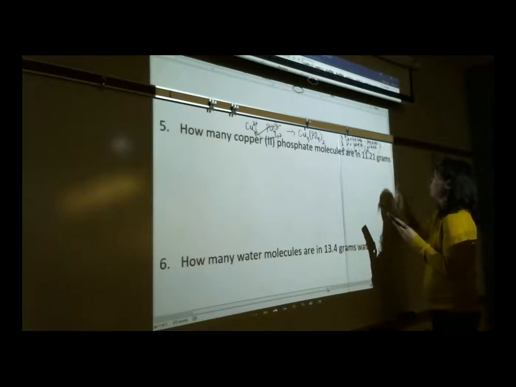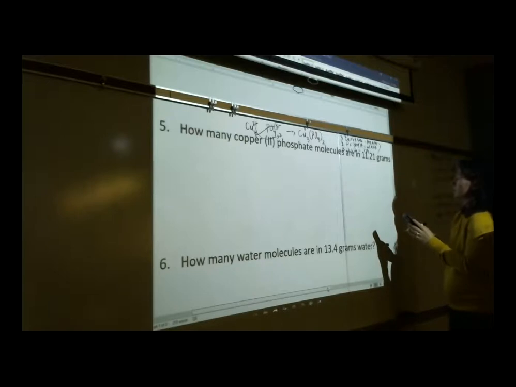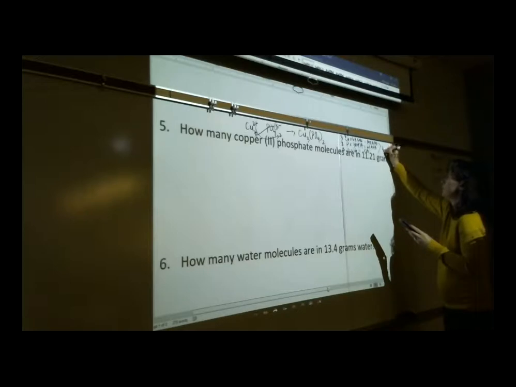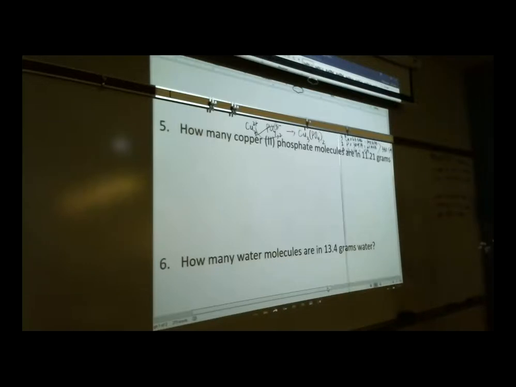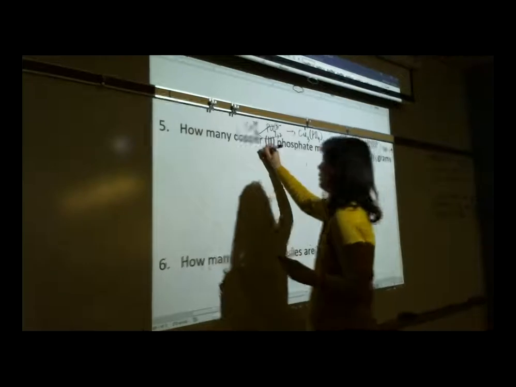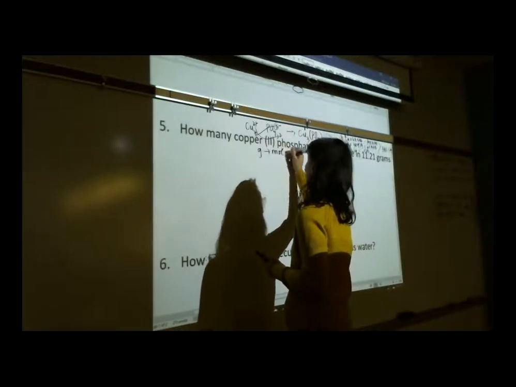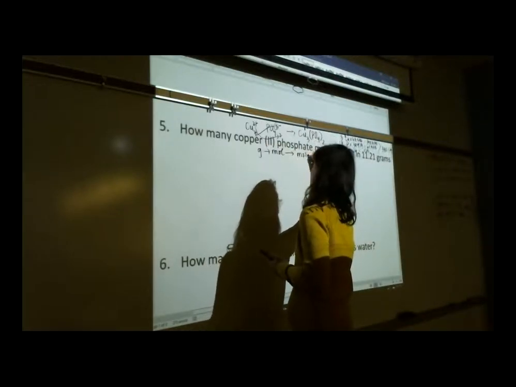So my total molar mass, adding those, is 380.59 grams per mole. Do we agree? All right, now this is a two-step problem, right? So we're going to go grams to moles and then moles to molecules.